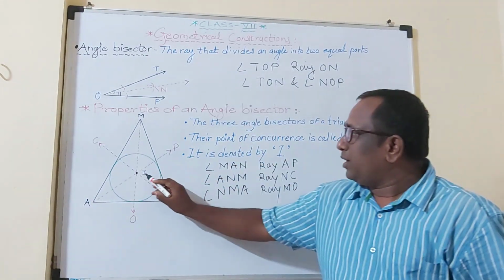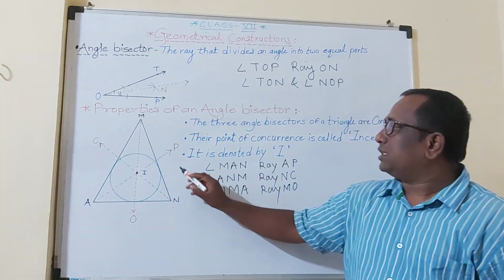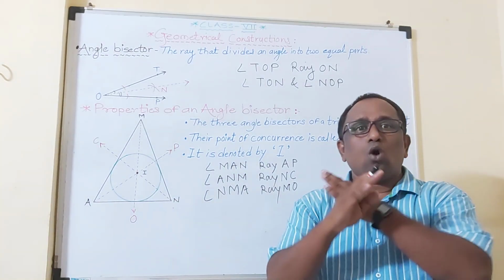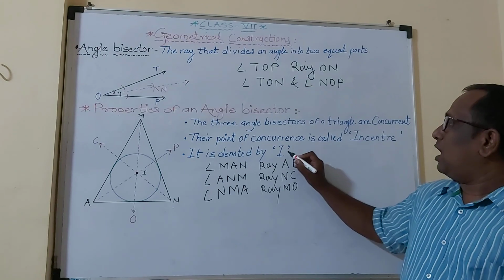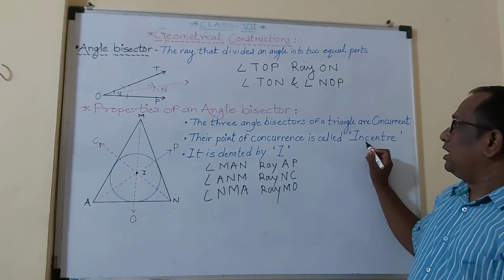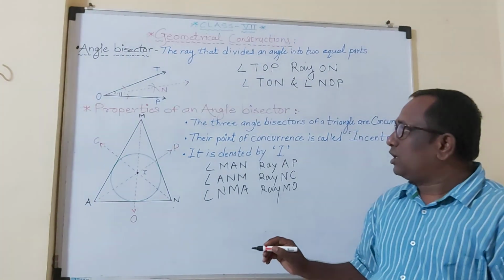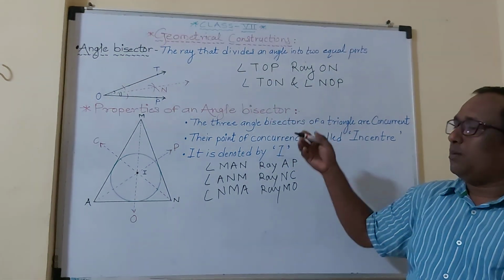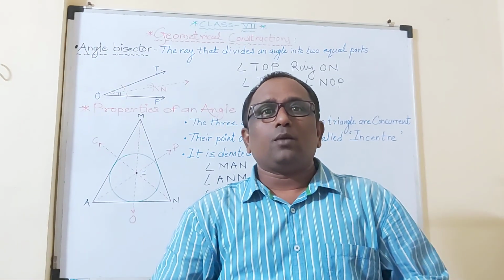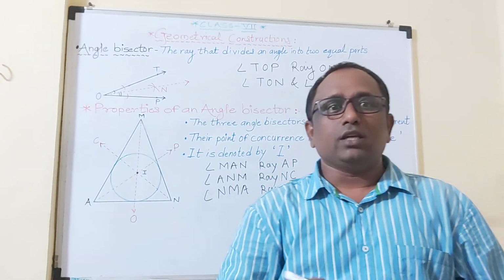The point of intersection is called incenter, or you can say the point of concurrence, that is denoted by letter I, and we call that incenter. So now students, we learn angle bisector and properties of angle bisector. Now in the next topic, that is perpendicular bisector of line segment, we will see now.